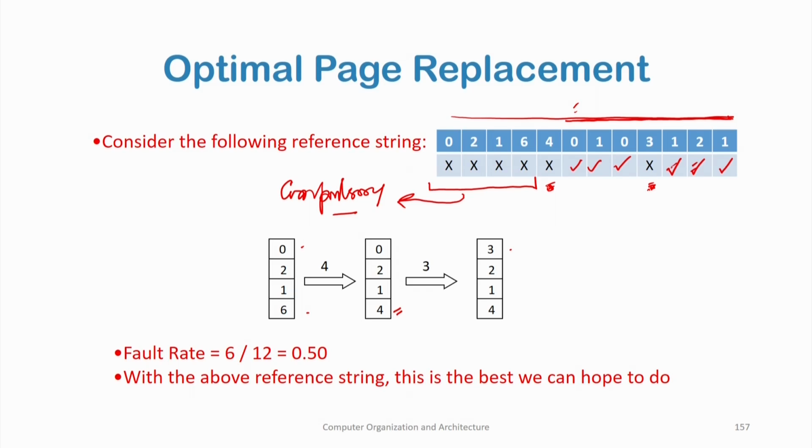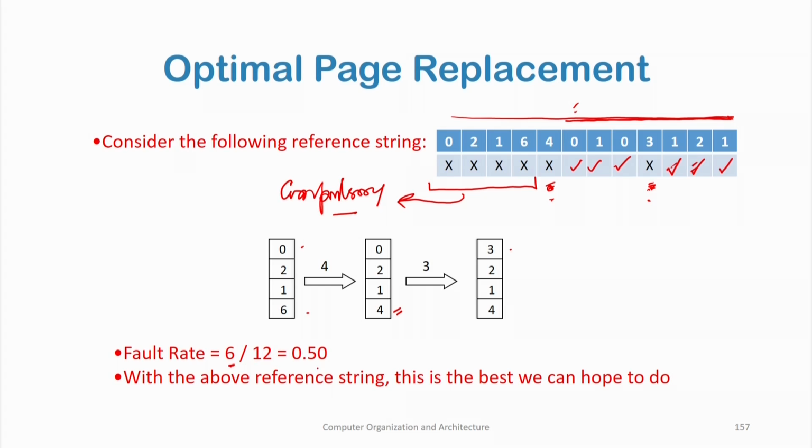I have possibly been talking of page faults as cache misses. Please bear with me, that was a mistake. These are all page faults, not cache misses. So, in addition to these 4 page faults, this one is a page fault and this one is a page fault. So I have 6 page faults.